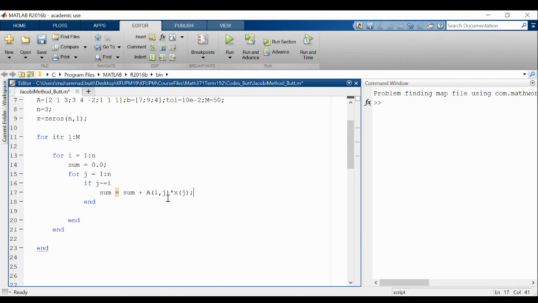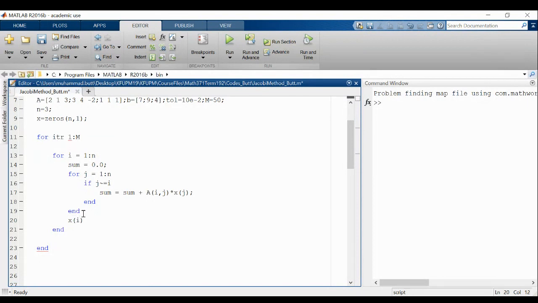So this is the sum. Remember what was the sum? Sum of a_ij's into x_j. So this is how you write it, and in the beginning the sum is 0. So now it will add up to the sum, and then we get the values of x. This is the if loop, this is the j loop, and then we calculate the values of x_i's.